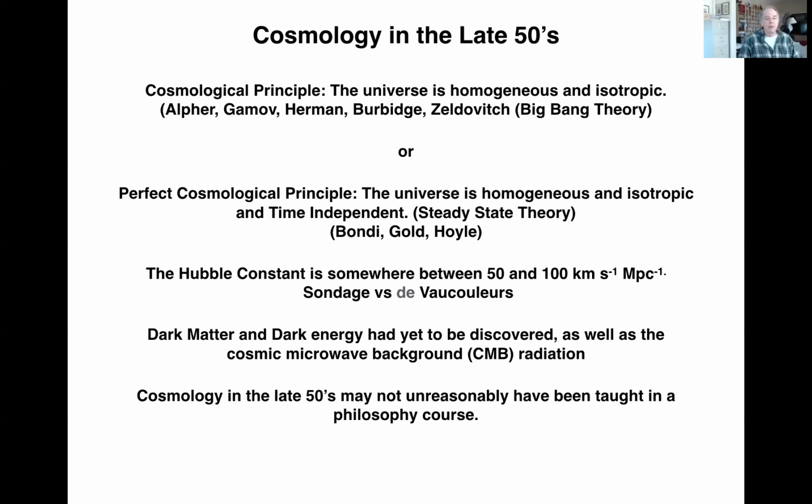There were two basic models of the universe. One was based on the so-called cosmological principle. The universe is homogeneous and isotropic, and because it's expanding, if you extrapolate backwards, it was smaller and presumably hotter.